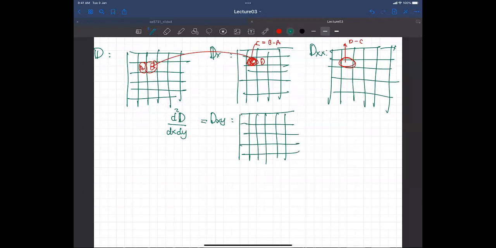The second derivative is with respect to y, which means that if you have e here, then it is actually e minus c. Okay. Any question for the second derivative?